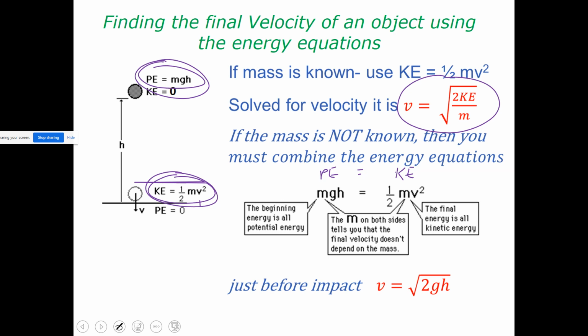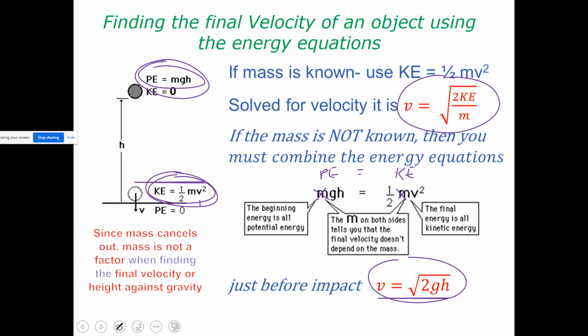And so you get mgh at the top equals 1/2 mv squared at the bottom. Notice that m is on both sides, and you can actually cancel them out. And when you do, all you have left is gh is equal to 1/2 v squared. Now you can solve for v without having mass in it at all. And if we manipulate the formula, we get something that looks like this.